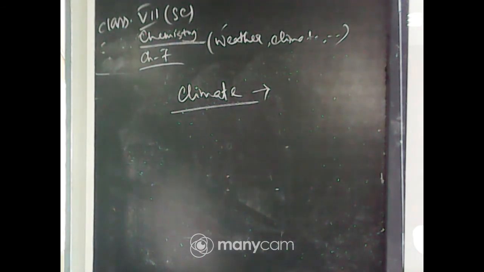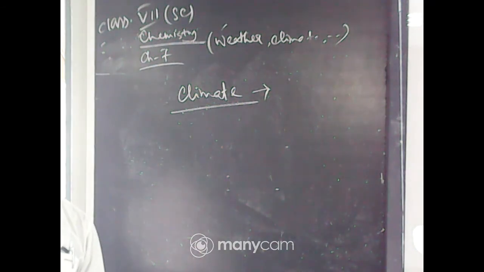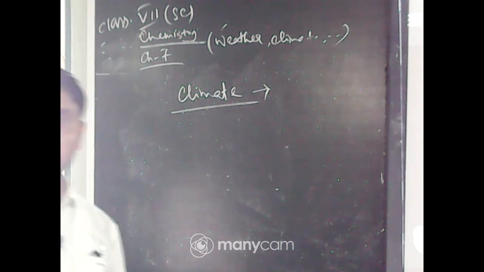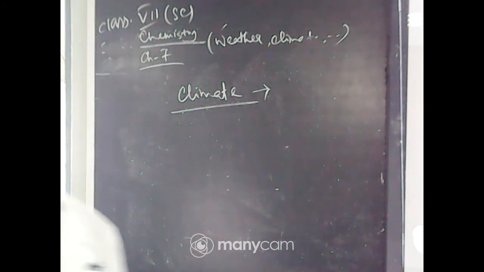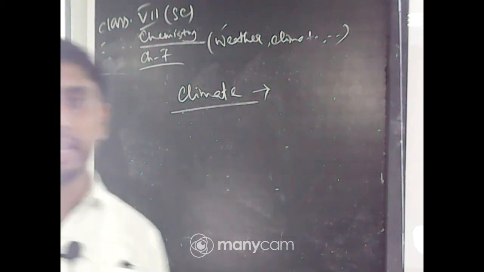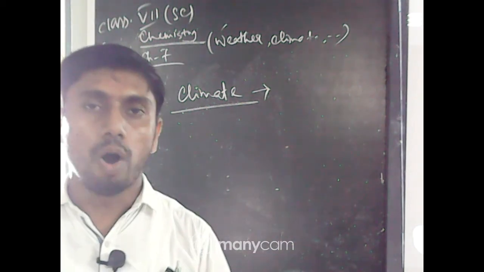And if on most of the days there is heavy rainfall and the temperature does not decrease to the same extent, then it is called wet and hot. And if the temperature is high but the rainfall is negligible, it will be called hot and dry.